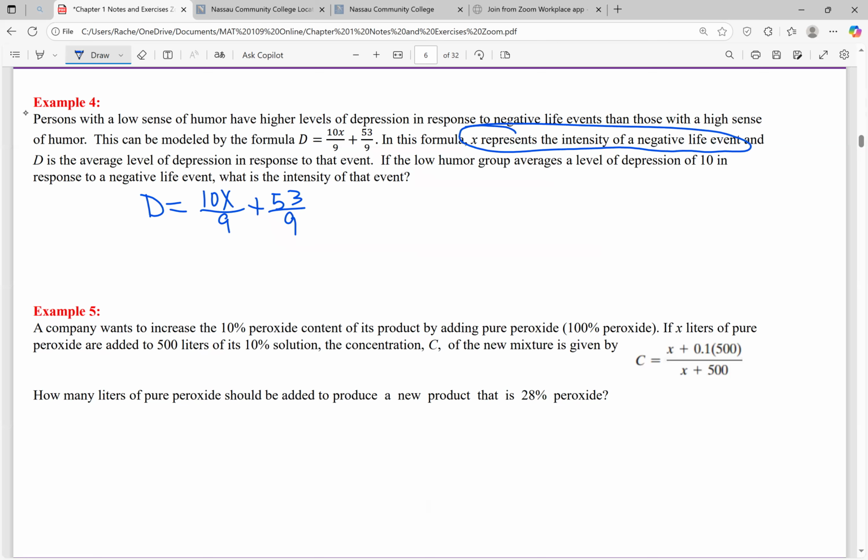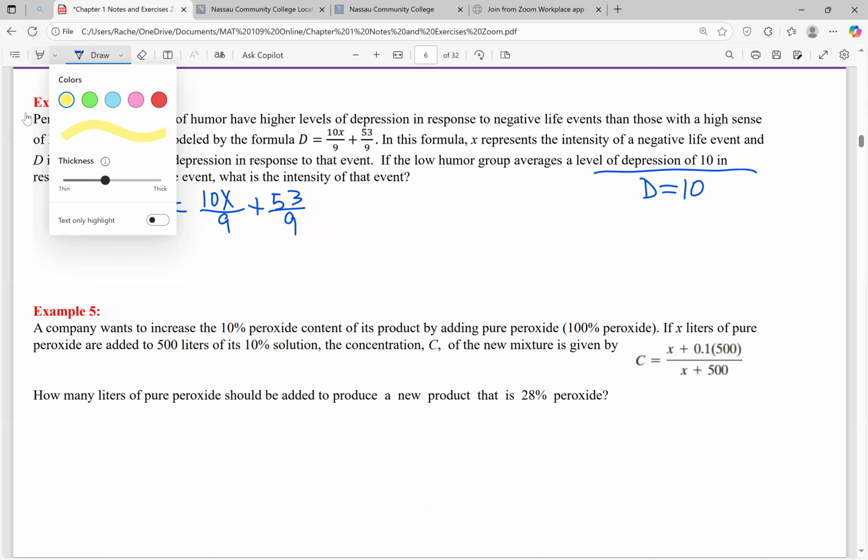So a person's depression level, their average level of depression, is going to depend on how intense that negative life event is. And that's what X represents. So what we're saying is, if this low humor group averages a level of depression of 10, so that's a value of D, right? D stands for the average level of depression. So if D is equal to 10, what is the intensity of that event?